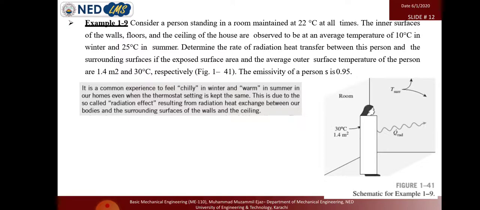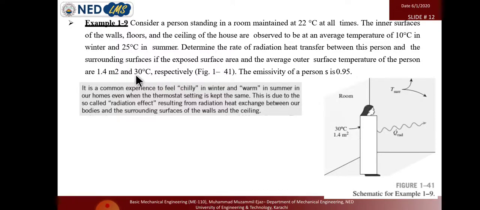In summer, when you enter an air conditioned room, you feel comfortable. But in winter you don't feel comfortable, and even at that temperature you feel chilly, because the walls and the surroundings are at 10 degrees centigrade in winter and 25 in summer.